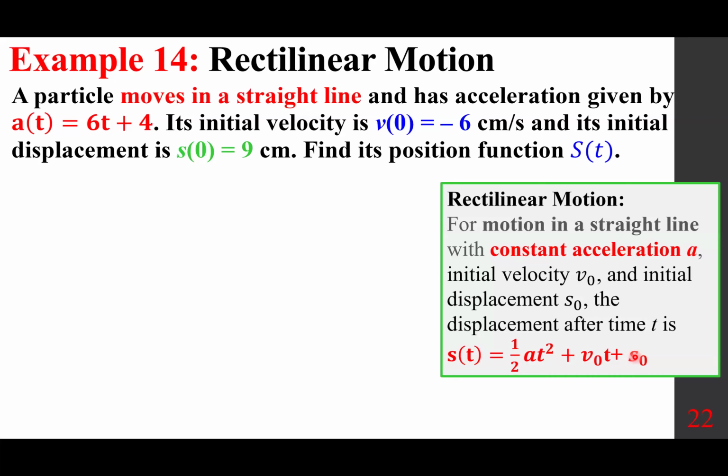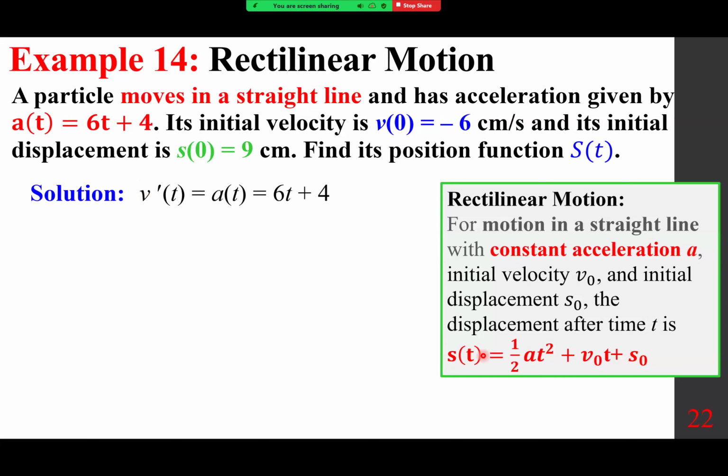All right, so let's see what's given and what needs to be done. A of t is given. A of t, acceleration, is v prime of t, the first derivative of the velocity function and the second derivative of the position function s of t.